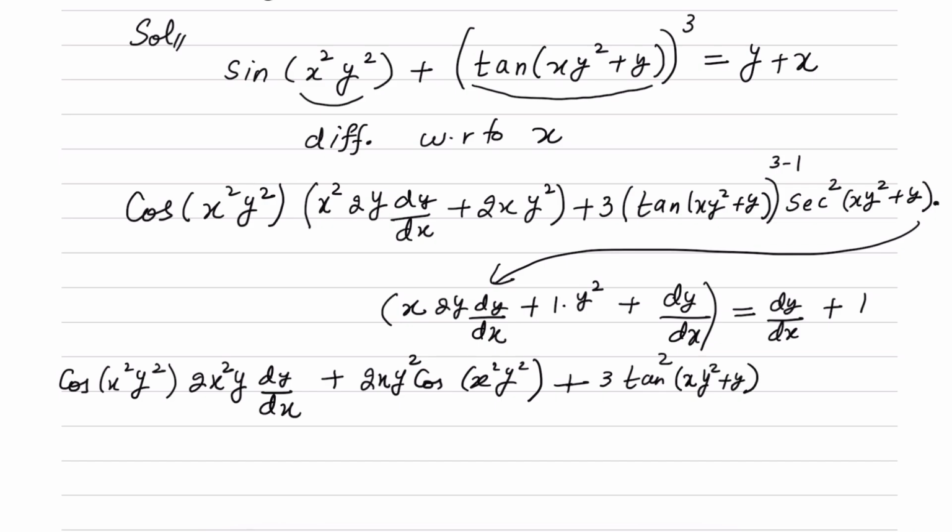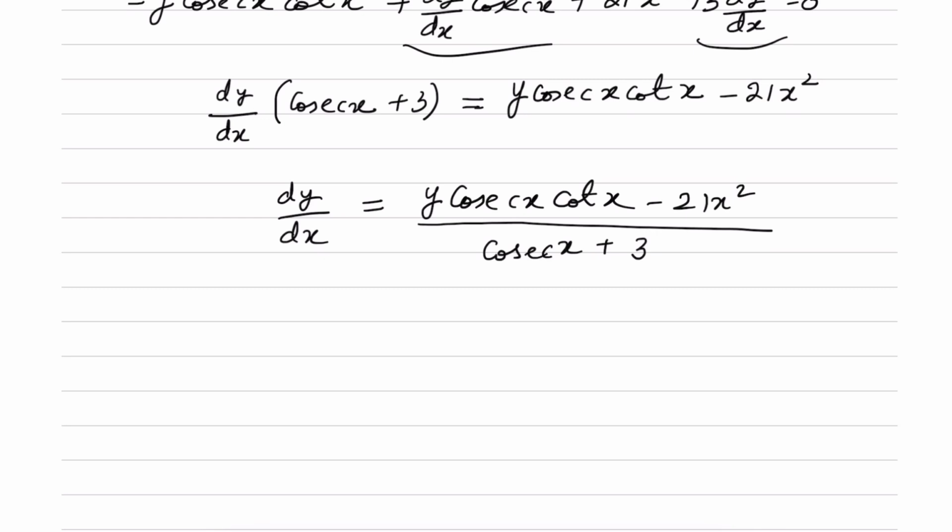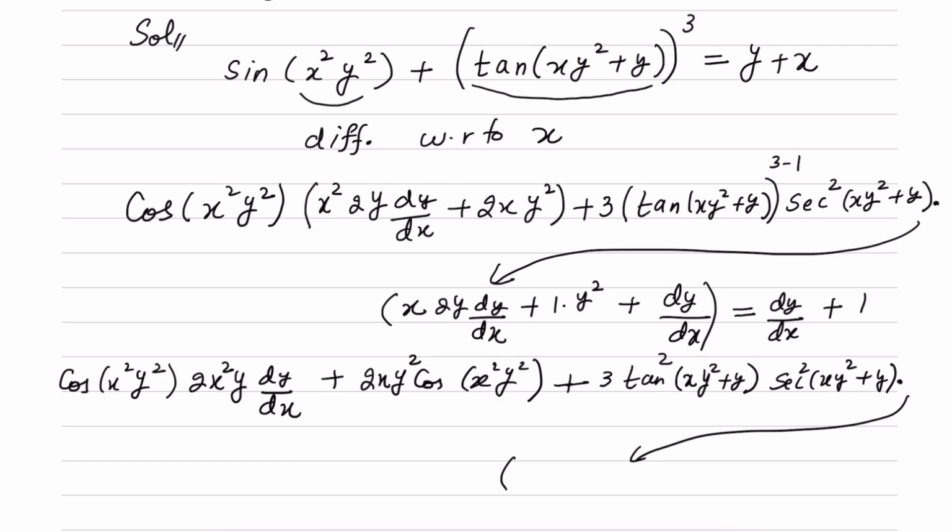We can put it as the power on tan, times sec²(xy²+y). This whole term is being multiplied by 2xy dy/dx plus y² plus dy/dx, which is dy/dx plus 1.